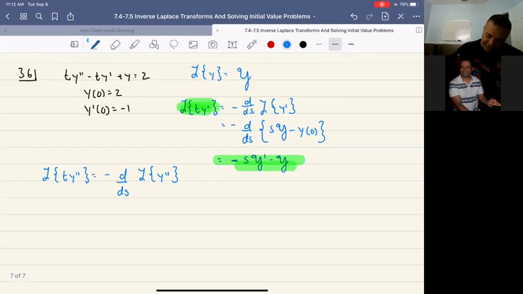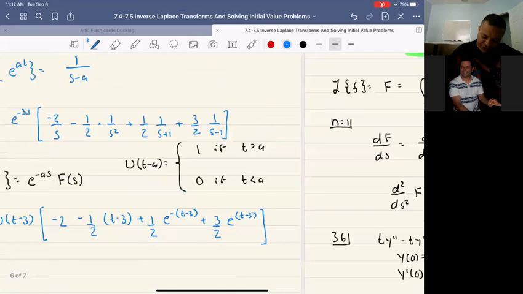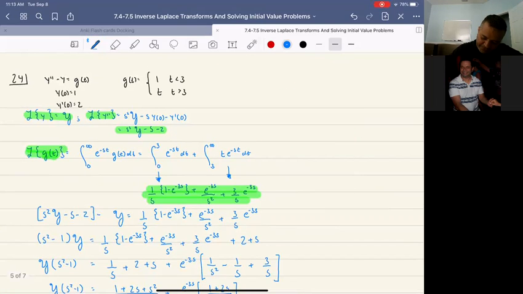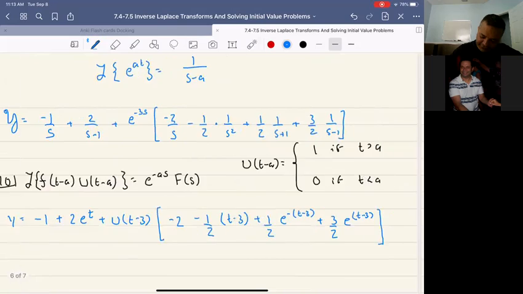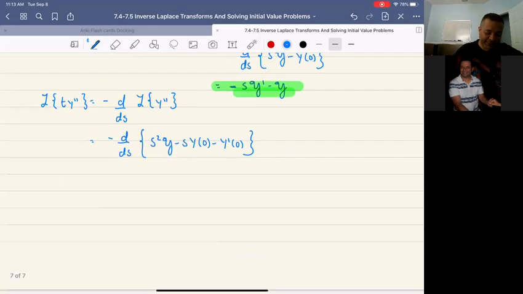That's going to be negative the derivative with respect to s of s squared Y minus s y of 0 minus y prime of 0, is that right? Just double check. Yes. Okay. I didn't have it written down because yesterday I was thinking straight. Today I guess I'm not.